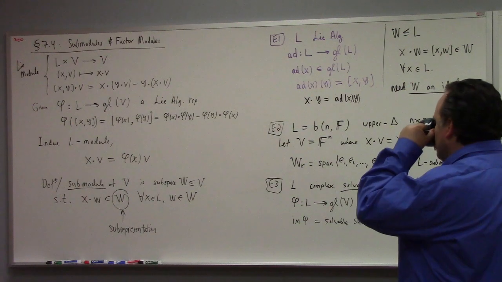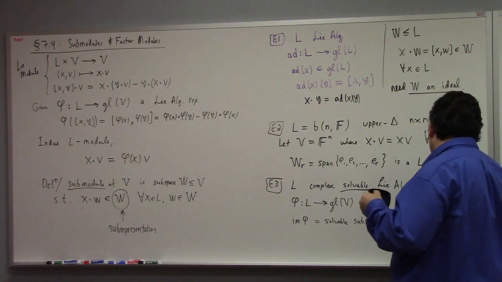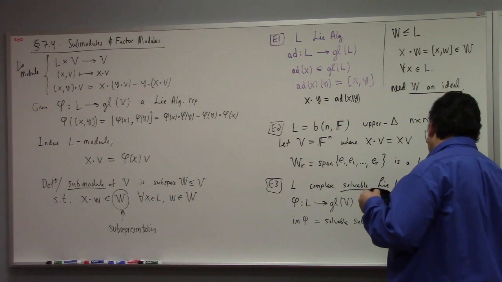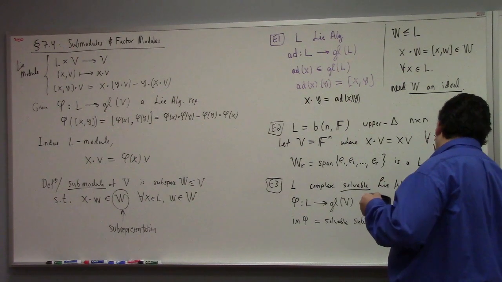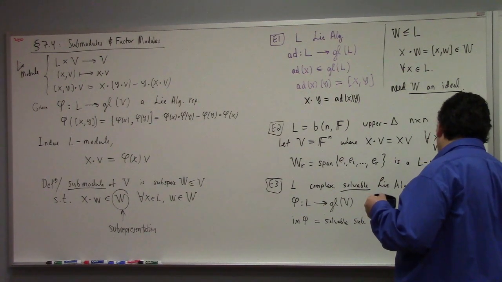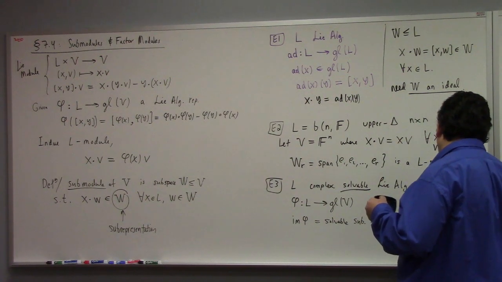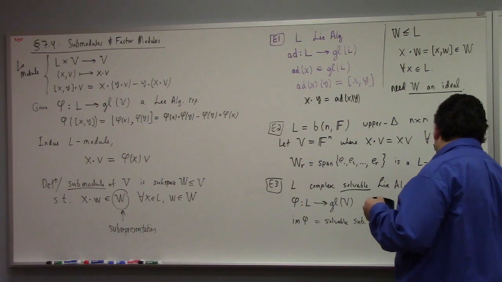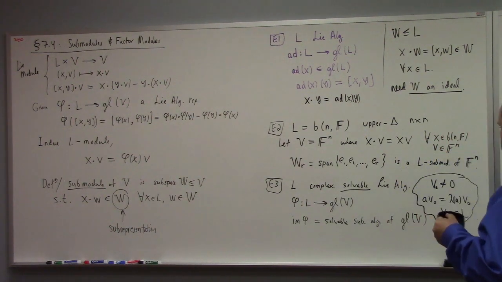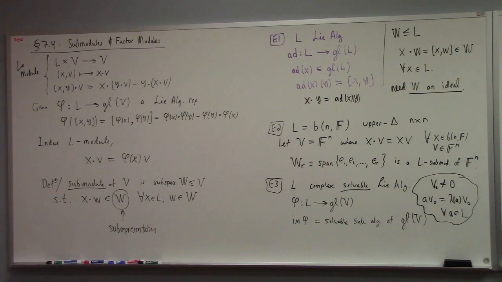Then there is some non-zero v_0 in V which is simultaneously an eigenvector for all x in L. So such that A v_0 is equal to lambda(A) v_0 for all A in L, right? Does that seem right to you? There's a common eigenvector.